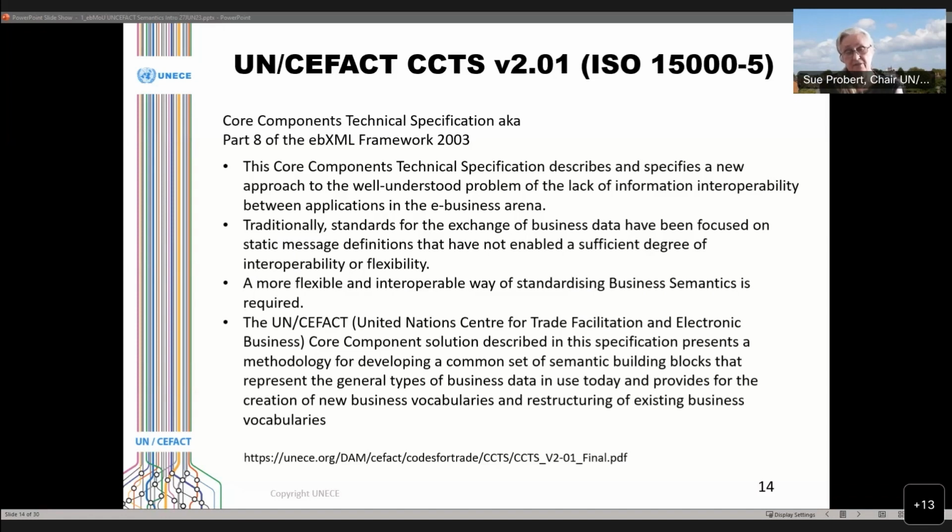Apart from the actual class itself, there's no other business context. And that means that whenever someone submits something new to our core component library built on CCTS, we are able to check against the underlying classes to make sure that we are not adding something that's already there, or other aspects of harmonization. So that's our base harmonization layer.